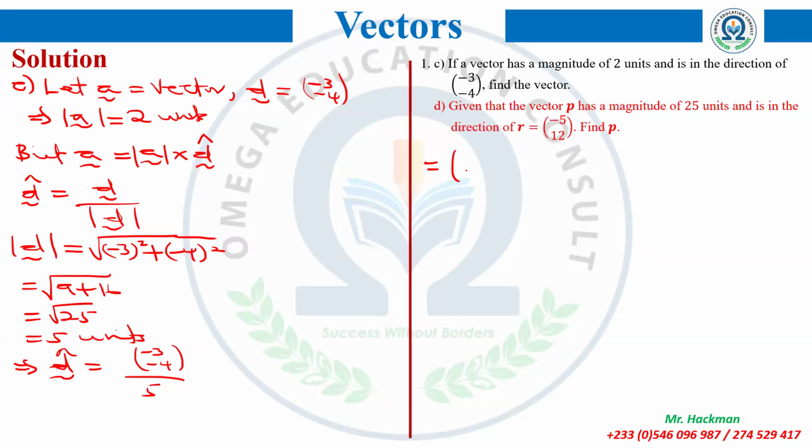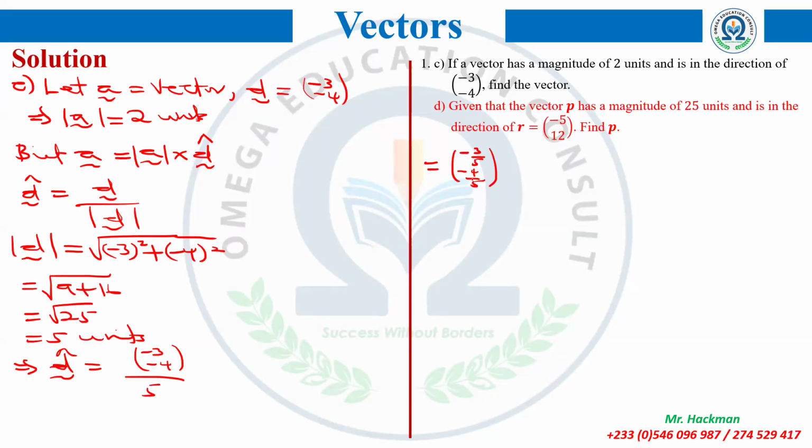That will give me -3 on 5, because each of the components here is divided by 5. It's the same as 1 over 5 times this. So it will be -3 on 5, then -4 on 5. So at this point, what do you do?